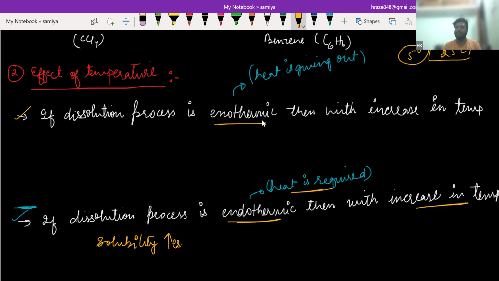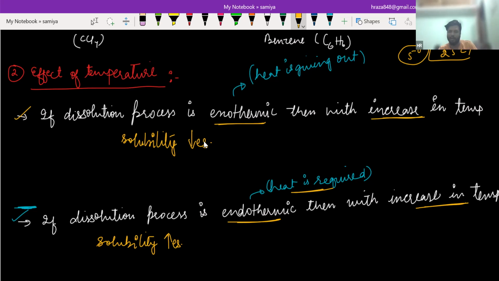Whereas if the dissolution process is exothermic, that means it is giving out heat. It doesn't require heat. It has lots of heat energy, that's why it is giving out. At that time, if you increase the temperature, indirectly you are giving heat to the system, which is not a favorable condition for that process. That's why in an exothermic process, when temperature is increased, the solubility decreases. Just think about it.